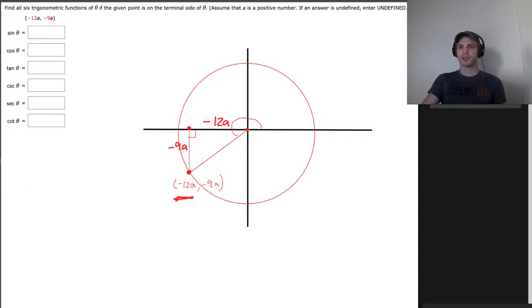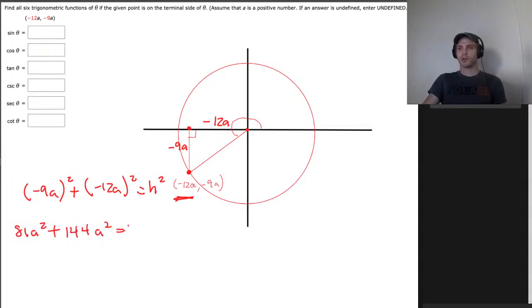The hypotenuse of this triangle is going to be: negative 9a squared plus negative 12a squared is equal to the hypotenuse squared. Okay. And so we can just square these things. We're going to get 81a squared plus 144a squared equals h squared. And then we can add these up.